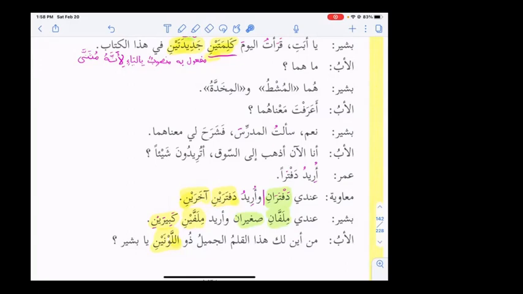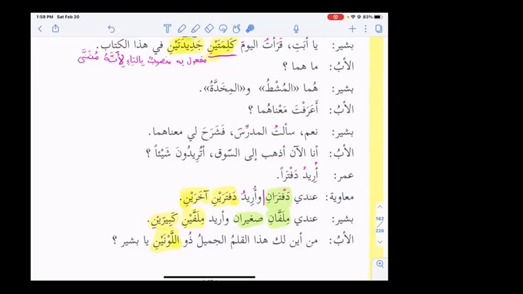Fine. Bashir says, "In the milafani sagirani." In the same way, this is your khabar. I'm not going into detail. Milafani is your mubtada. What is milafani? File folders. I have 2 small file folders. Sagirani. See now, where does it say 2?